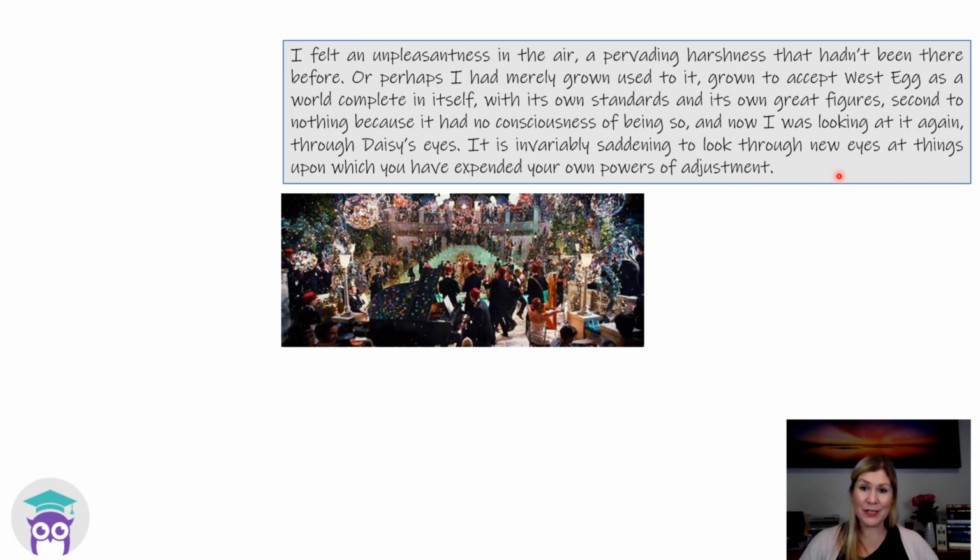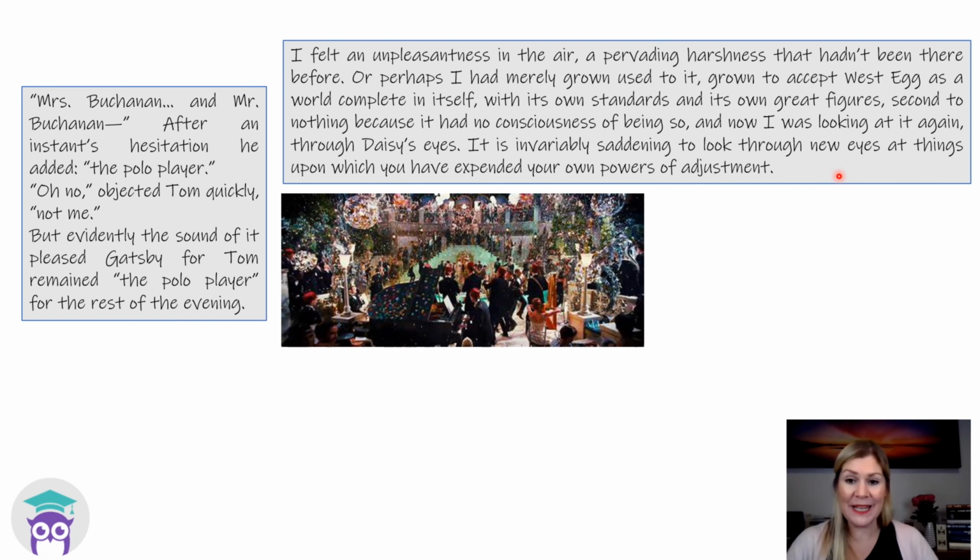So he's conceding that he's got used to a certain way that perhaps he shouldn't have, that it's not acceptable. So he's looking at it with new eyes, Gatsby's looking at it with new eyes, and it's all because of Daisy's disapproval. But it does give Gatsby rather a good opportunity to establish a little bit of a power play between him and Tom Buchanan.